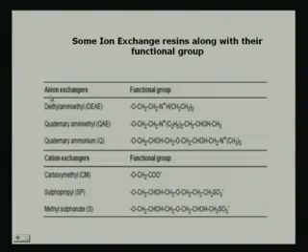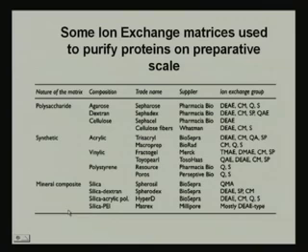Now, if we see the anion exchanger, this amino group is present as a functional group. DEAE, QAE, Q are the anionic exchangers. Similarly, cationic exchangers have COOH, sulfopropyl, or methyl sulfonate as common examples of ion exchange chromatography.